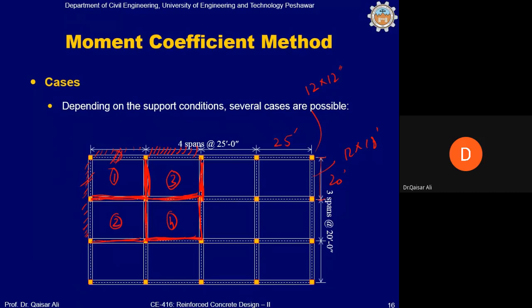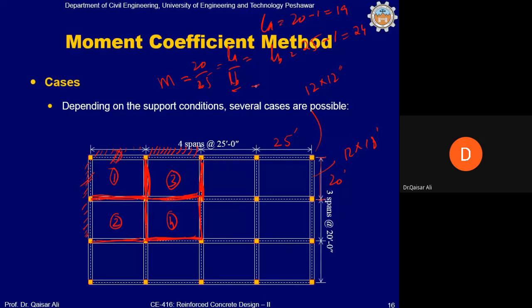Okay, and it will also change with the shorter to longer span ratio, which is represented by m. In this case the ratio is 20 by 25, but since it is La divided by Lb, where La is the clear span length along the shorter direction and Lb is the clear span length along the longer direction: clear length along the shorter direction is 20 minus support width, which is 12 inch, so 1 foot, it is 19 feet, and Lb is equal to 25 minus 1, which is equal to 24.